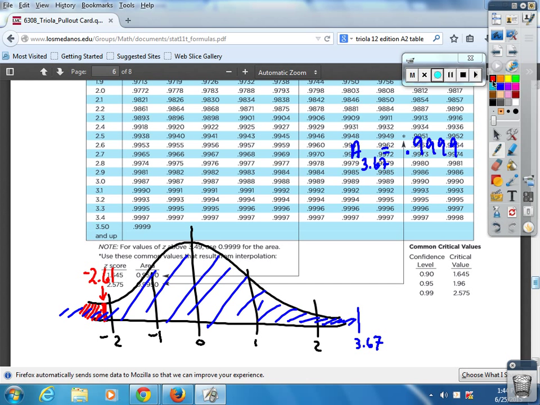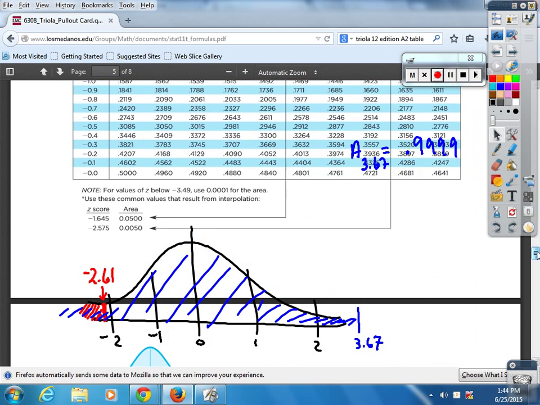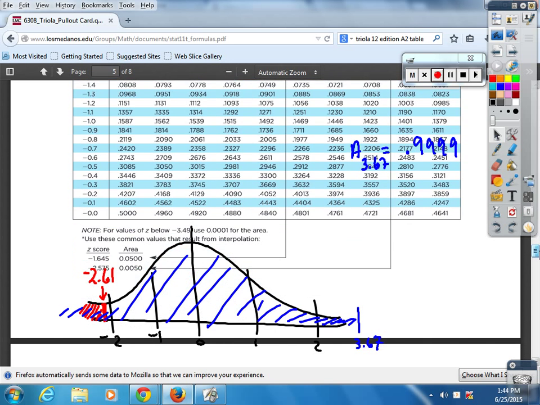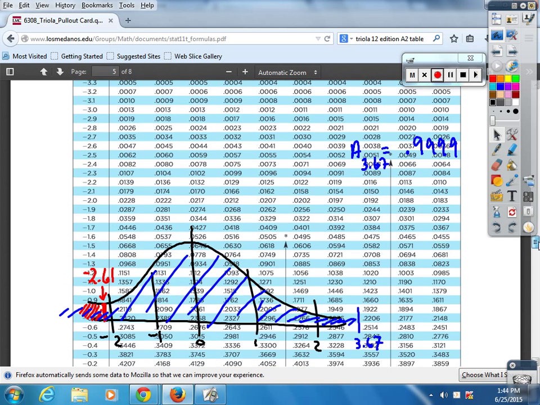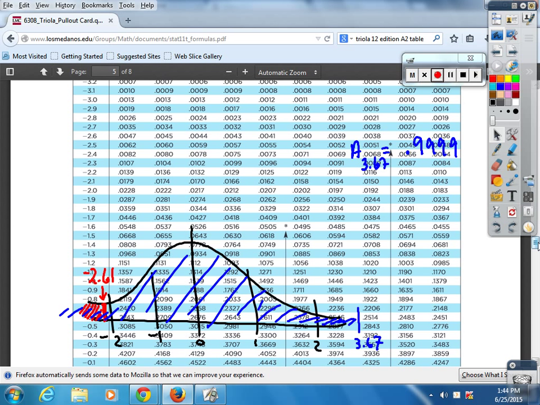And now we got to find the area for the red section, which is 2 point what? 2.61. 2.61 is 0.0045. And that's 2.61.